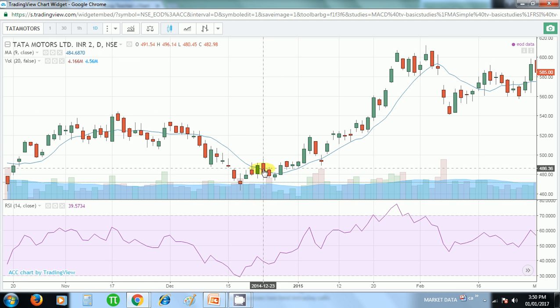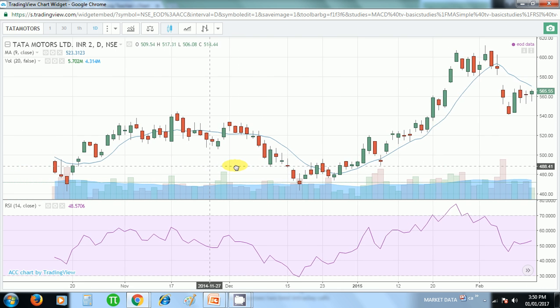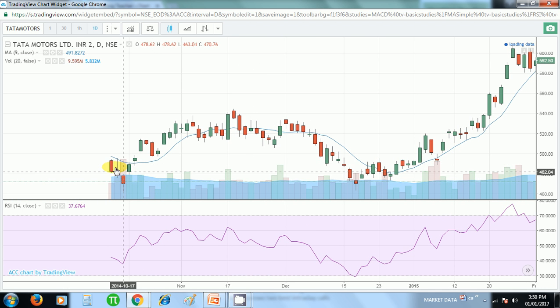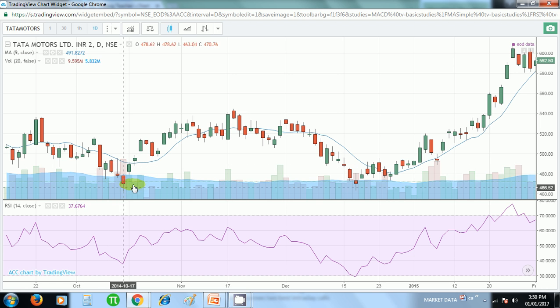This is the current downtrend, and this is also an indecision candle like a doji, and the market is going up here and here. This is also a morning star-like pattern, but the second candle was not an indecision candle. This is a hammer.